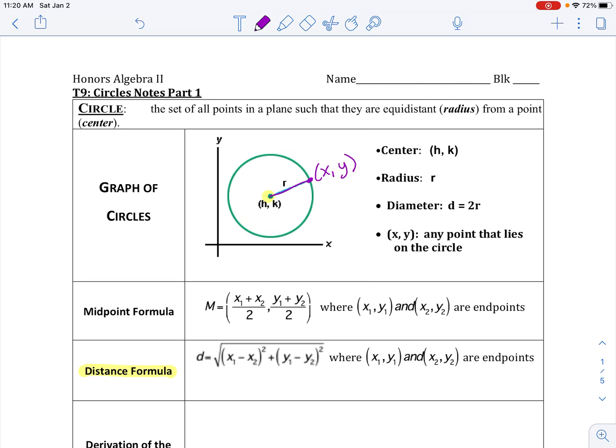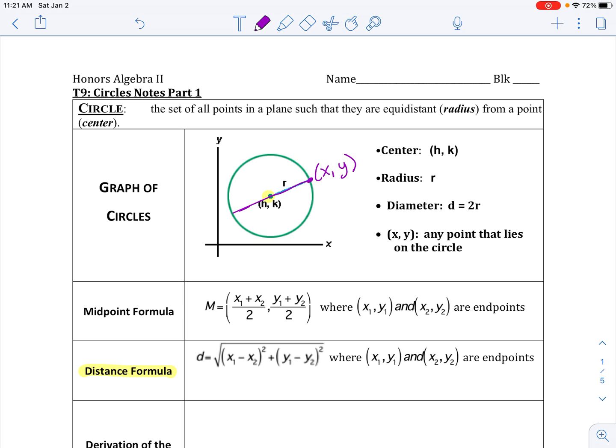And that chord that is the longest passes through the center point. So if we were to extend this across the circle, we would have drawn in a diameter. And we know that 2 radii equals the length of 1 diameter.